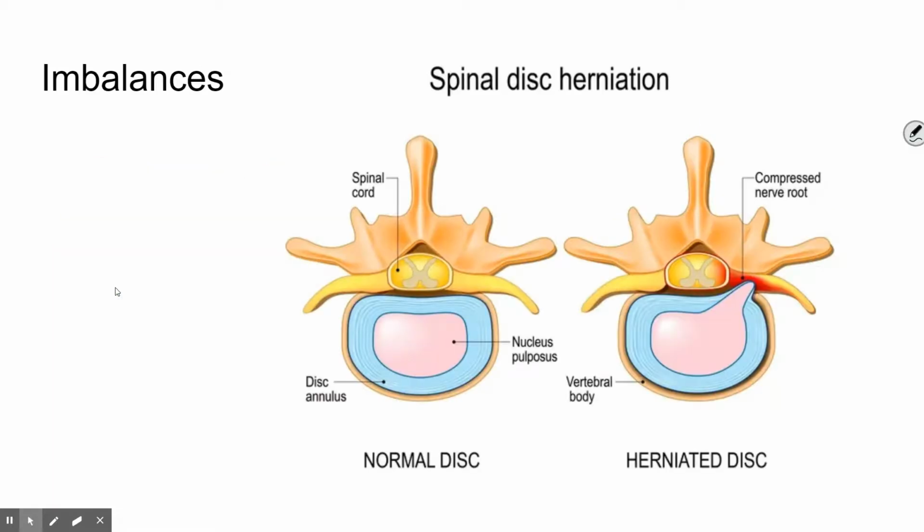So let's talk about some imbalances that can happen with these discs. The first one is a herniated disc. This is something that you've probably heard about, that slipped disc I mentioned earlier. You see here, this is that nucleus pulposus.